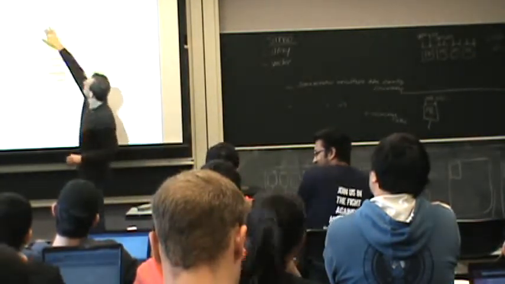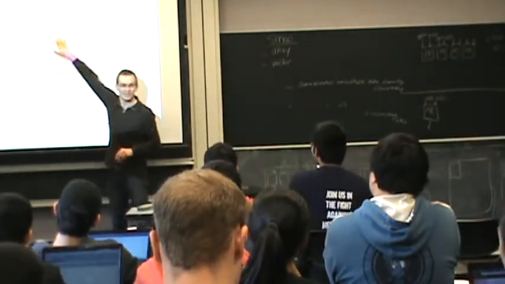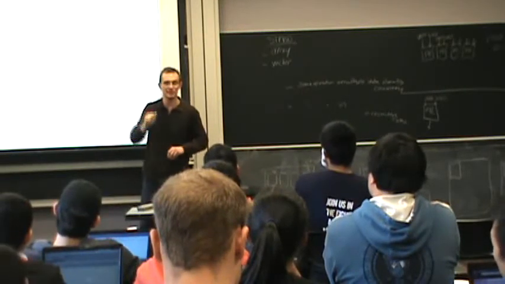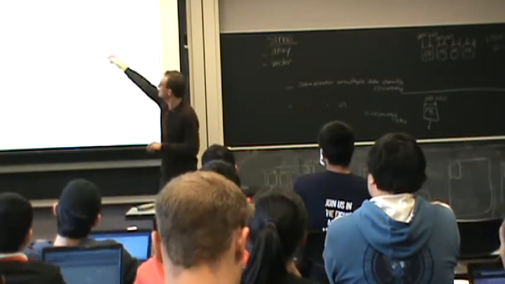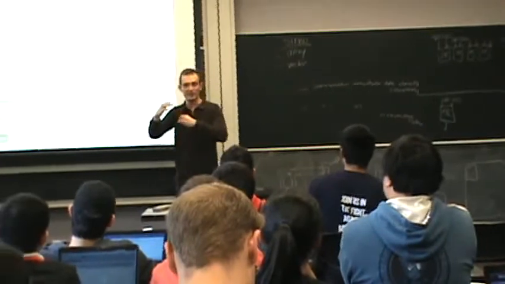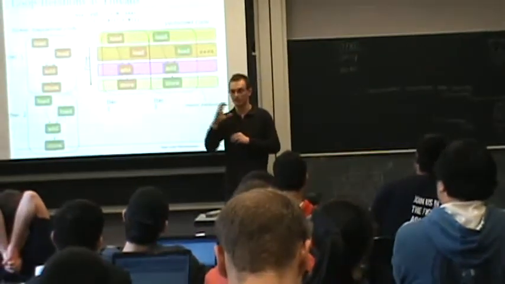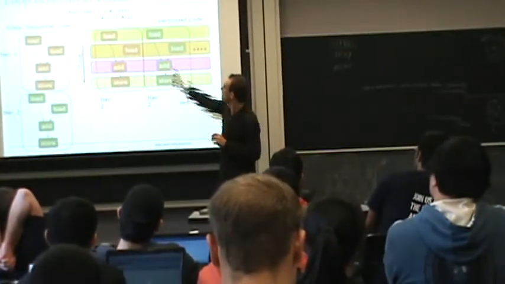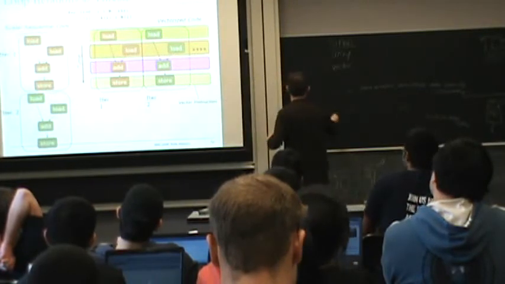So this is a vector add, right? You're adding vector A and B and storing the result in C. One way to express this operation is using vector instructions, like you did in your homework and we did in class.